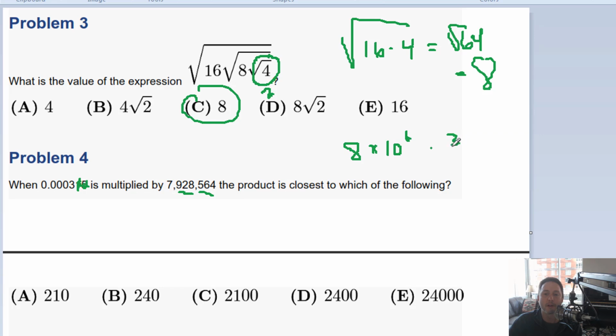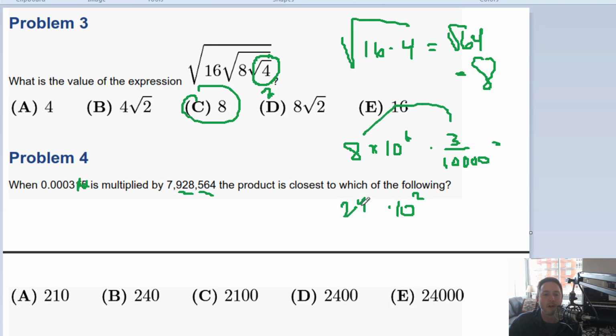So we multiply it by 3 and we divide by 10,000, right? 10,000 has 4 zeros. So that is 10 to the 4th. All right. So 10 to the 6th divided by 10 to the 4th naturally equals 100, right? 10 squared. So this is going to be 10 squared times 3 times 8, which is 24.